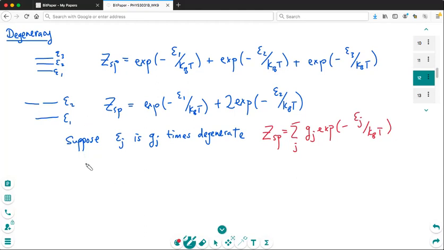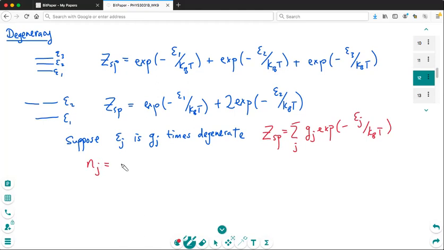You might be worried. Once we do that, how do we deal with all these thermodynamic functions we derived earlier? Let's first look at what happens to this n sub j. N sub j will have to be modified slightly, right? Because for n sub j now, you will have more ways to contribute to this quantity.